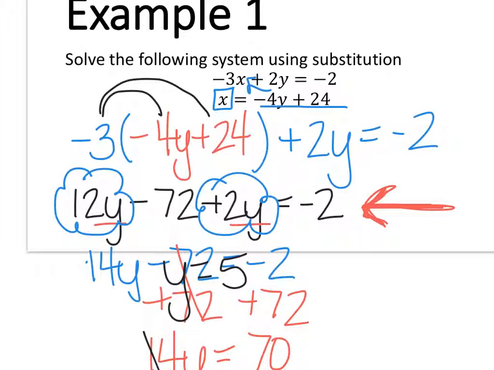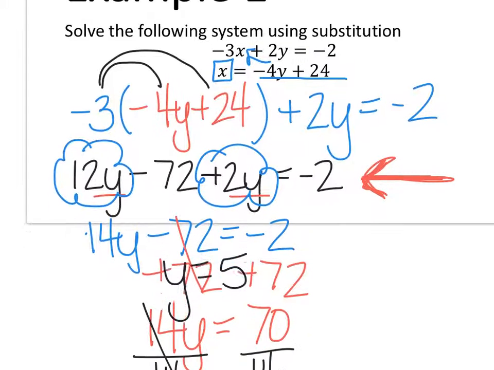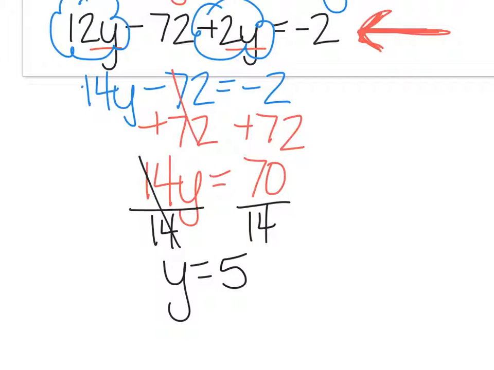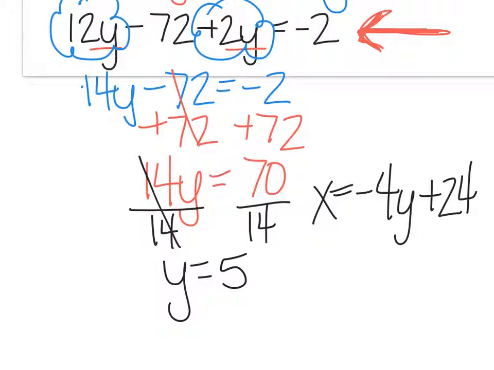Oh, that's freaky. I don't know why the y equals 5 is traveling up with this. So what I'm going to do is take this y equals 5 and put it back into my original equation of x equals -4y plus 24. So this is the original equation I started with. I'm going to take, again, what y equals and substitute it in for y.